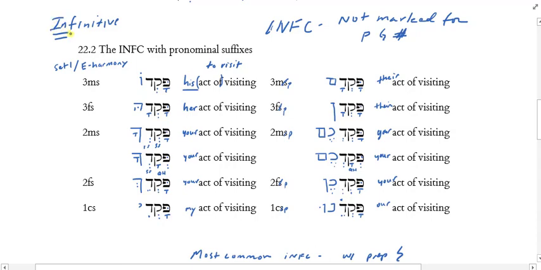Infinitives are not finite. They are not indicating a specific person doing something. Infinitives are simply talking about the bare verbal action. So the infinitive itself is just the act of whatever that action is.